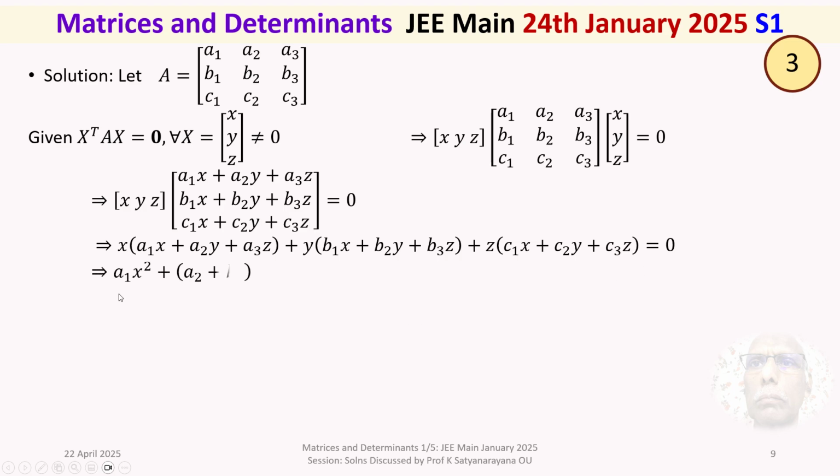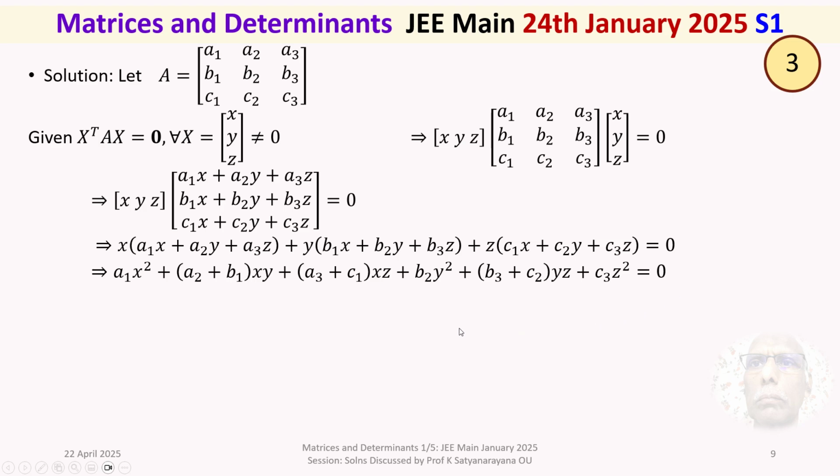Now multiply. So you will get a1x square and here a2xy, and you will also get b1xy here. So (a2 plus b1)xy plus (a3 plus c1)xz plus b2y square plus (b3 plus c2)yz plus c3z square is equal to 0. So this is 0 means 0 times x square plus 0 times y square plus 0 times z square plus 0 times xy plus 0 times xz plus 0 times yz.